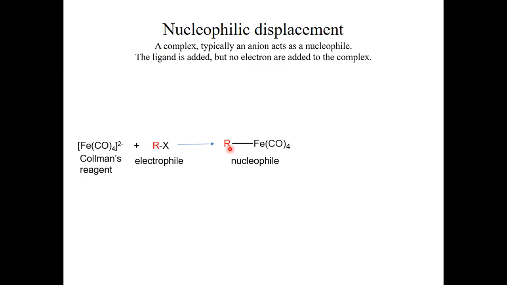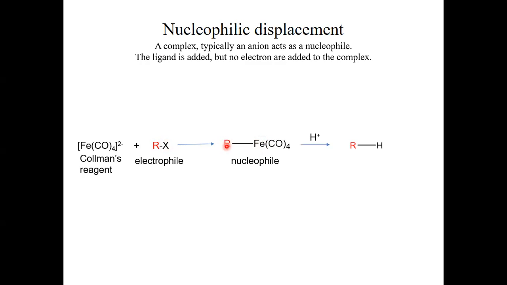So now the utility of this reaction is that we convert an electrophile into a nucleophile, because similar to a Grignard reaction, in this molecule here, the delta plus is on the rest R and the delta minus is on the halide atom, while here it's reversed. Here the delta plus is on the iron and the delta minus is on the rest R.